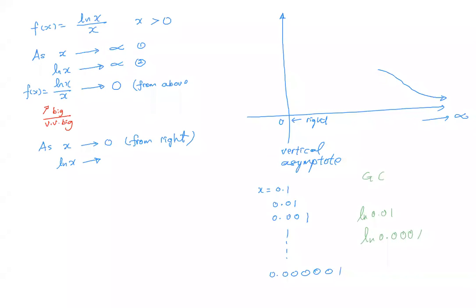Calculator. Don't think so hard. Hao Xuan, quick. Ln 0.0001. You just make it very, very small. Put as many zeros as you want.